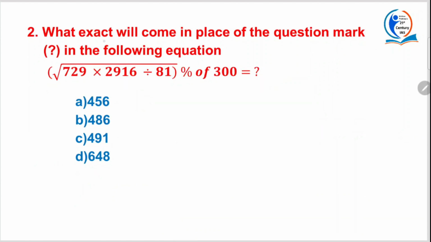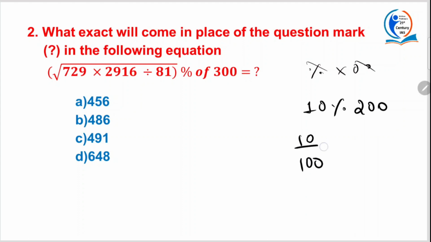Okay. What exactly will come in the place of the question mark in the following equation? Root over this into this divided by 81 and percentage of 300. See, we have seen in the previous sessions that percentage and 2 zeros cancel out each other. Why? Because 10% of, say, 200. What is 10% of 200?